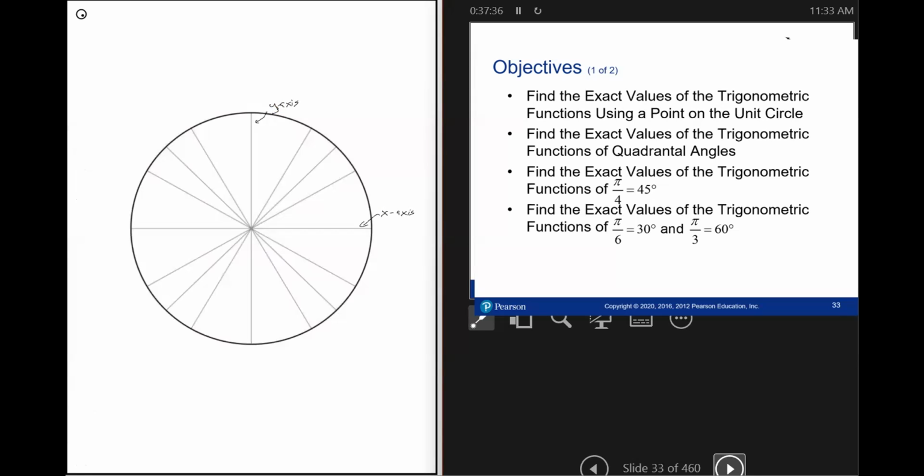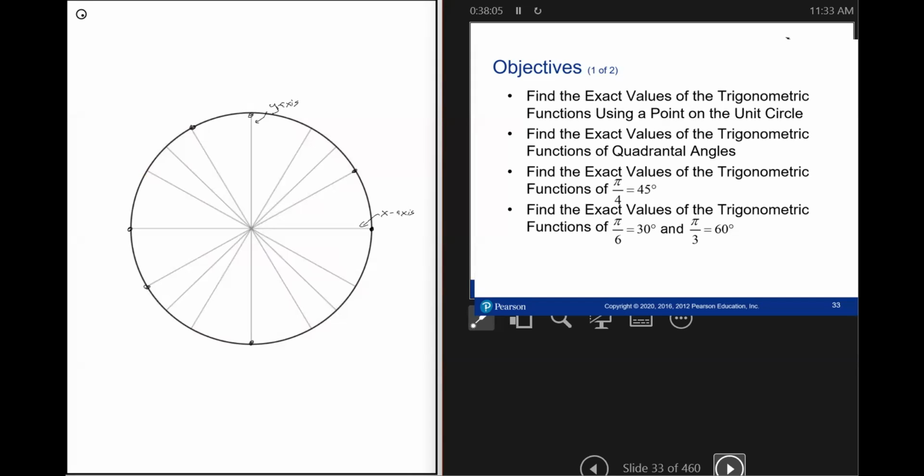And so we have points on the circle. We have this point here, this point here, this point here. These are specific angles, and they're important angles that we use because they're known quantities. And with trig identities and formulas, we can represent most angles by using these basic angles.